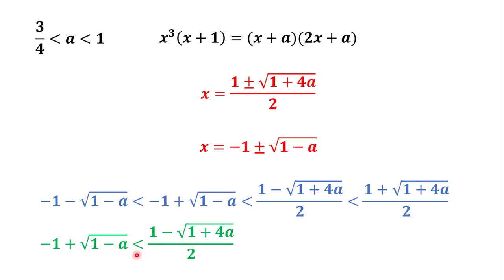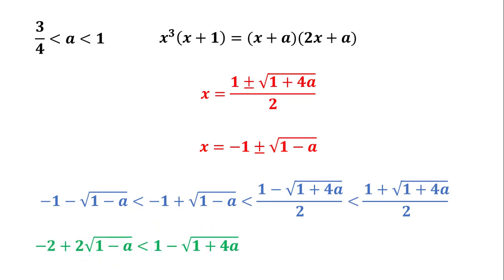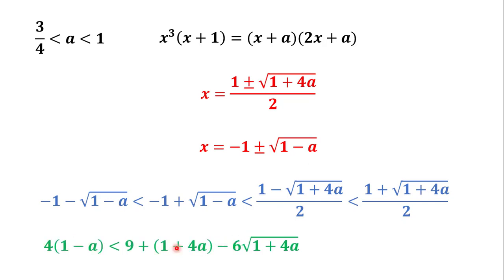In the first step, we can multiply both sides by 2. Then we can move minus 2 to the other side. We can square both sides, then isolate radical terms.